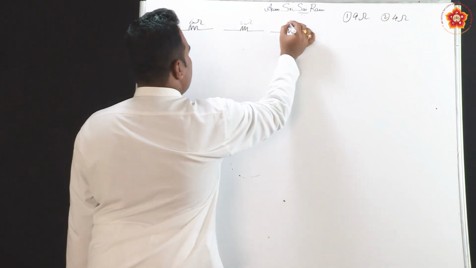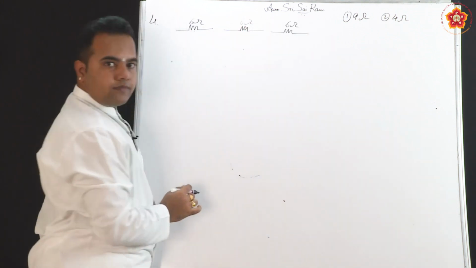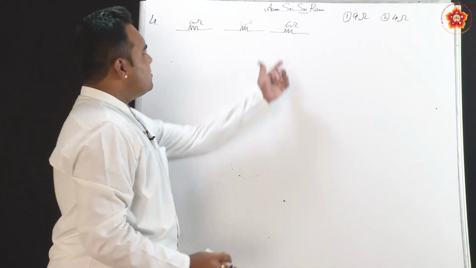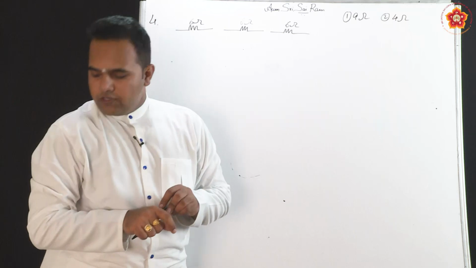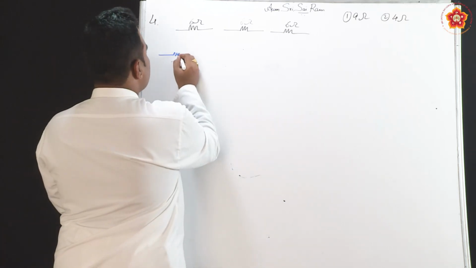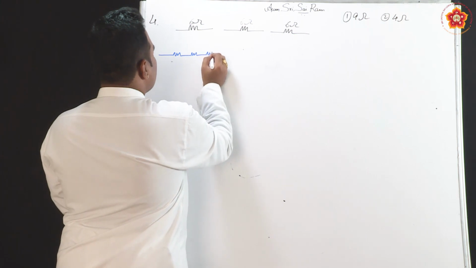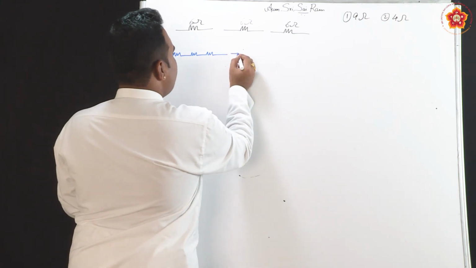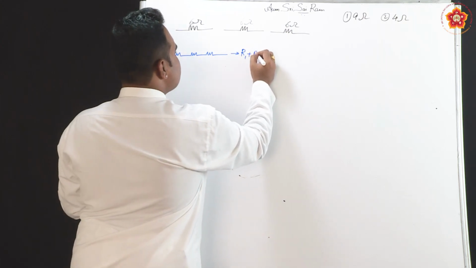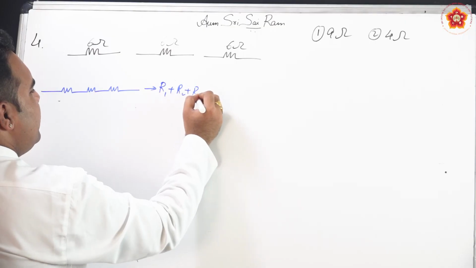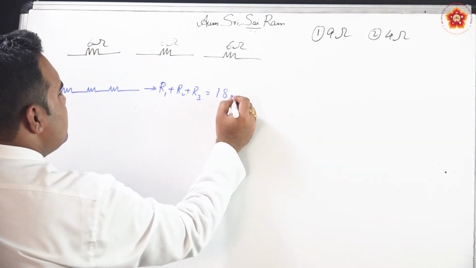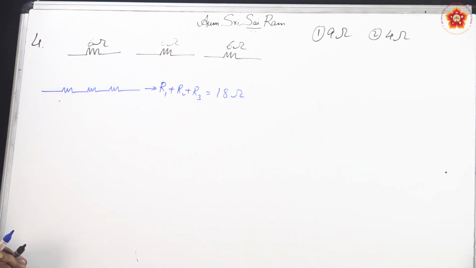Let us see how we solve it. So 3 resistors are there, so we have to use trial and error. Suppose we connect all of them in series, what will be the effective resistance? R1 plus R2 plus R3, which is 6 plus 6 plus 6, 18 ohms. Is it the desired result?